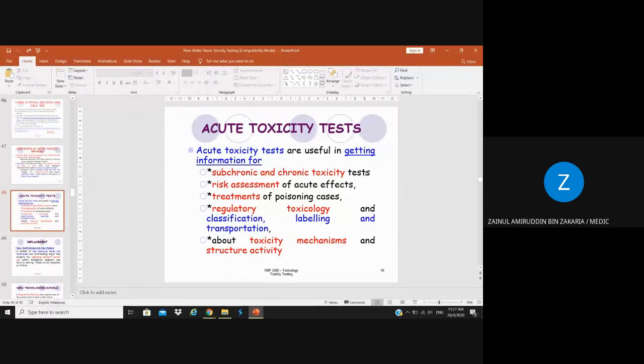So the dose used in subchronic and chronic studies should be lower than the dose that you use for acute toxicity. Let's say for example your acute toxicity study shows that 300 is the toxic dose for substance A. So for your subchronic study, you cannot give 300 every day or every 2 days or every week to the animal.